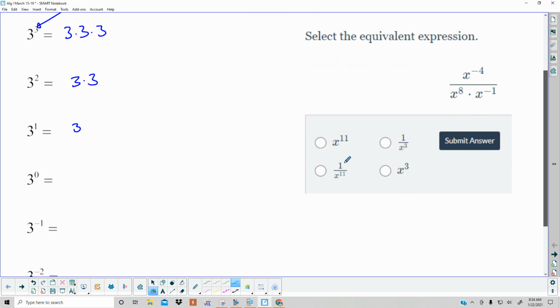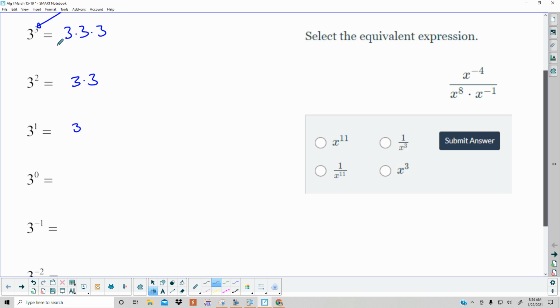Well, even 0 should be weird. How do you multiply it by itself no times? How do you multiply it by itself a negative number of times? So this idea should be weird of how to get this definition that's in your head to apply to this stuff.